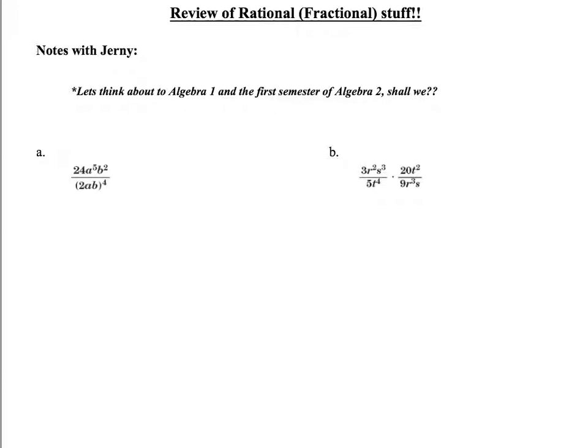All right, the rest of these examples should go a little bit more quickly because they don't have as much to talk about. Part B, remember when multiplying fractions, you multiply straight across. You also can go through and simplify things that you see instead of multiplying straight across first.